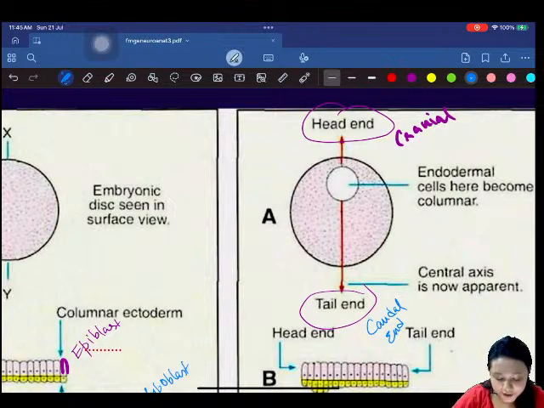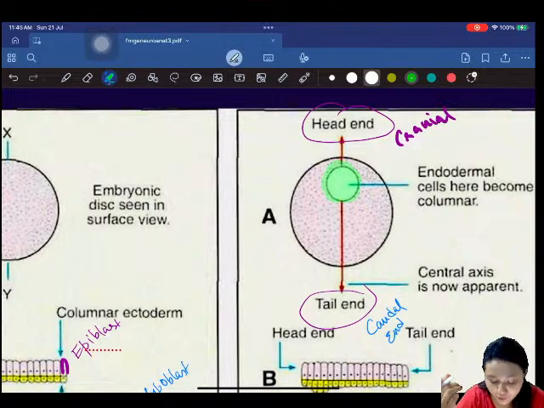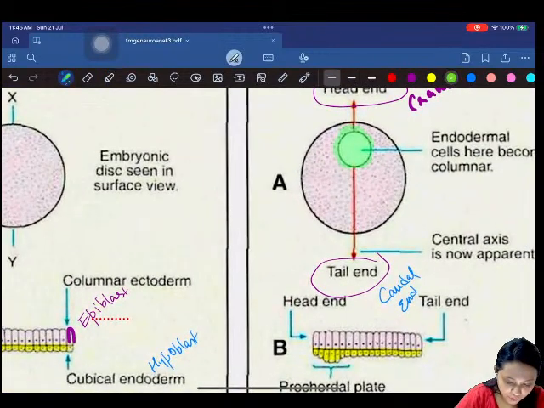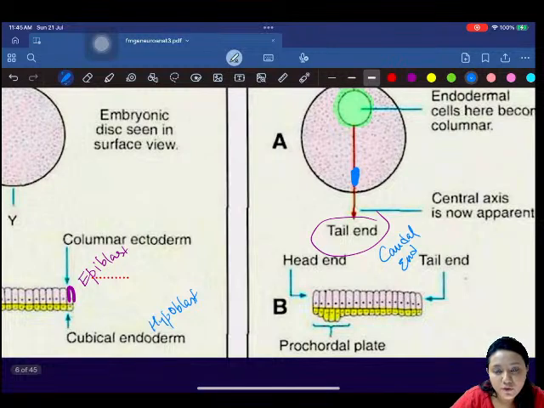Now towards the cranial end, some endodermal cells become columnar. The cells, from the epiblast only, become columnar, and this results in the formation of the precaudal plate. And then towards the tail end, there will be formation of the primitive streak.